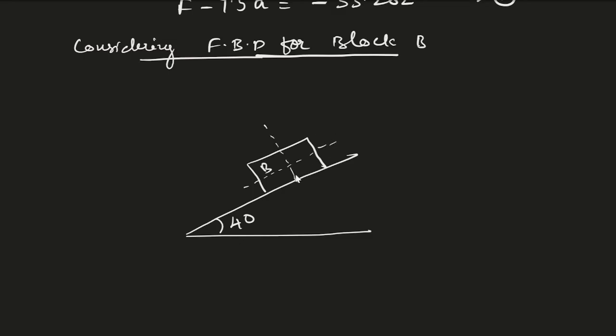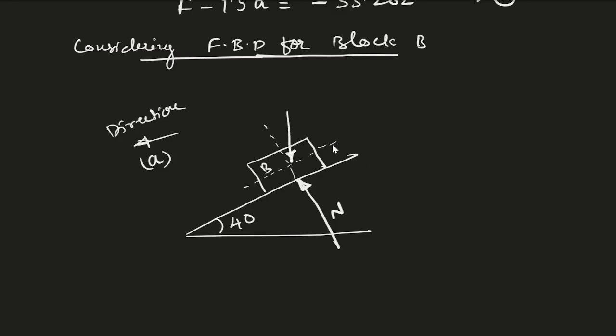We have one force acting normal, perpendicular to the block, that is N. The direction is downward, or rather the acceleration of the block is downward, and the weight is also acting downward.